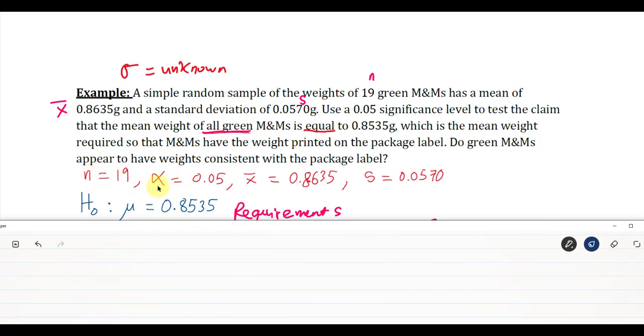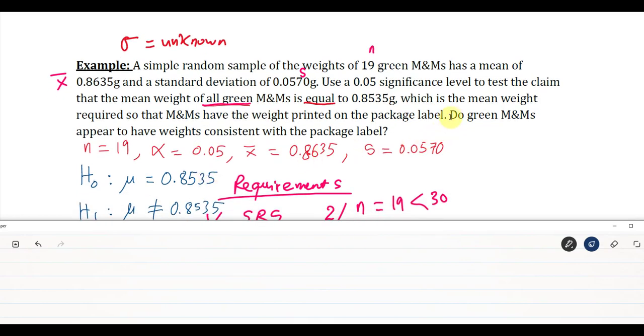So we know n, we know alpha, x bar, s, and we are testing the claim of whether the mean weight is equal to this value or not. So this value here is the mu naught value. And again, anything with the equal sign, we put for the null hypothesis. And if it's not equal, then it should be different. So the alternative hypothesis is the two tails, or the different side.